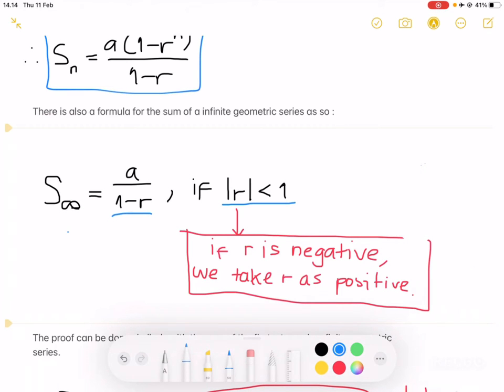And you might be wondering what will happen if r does not satisfy this criteria. What that means is the absolute value of r cannot be less than 1, so it can be greater than 1, or possibly less than -1. So what that means is the geometric series will increase. Assume the ratio in this case is 2, which doesn't satisfy this criteria.